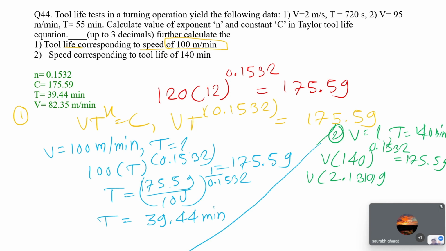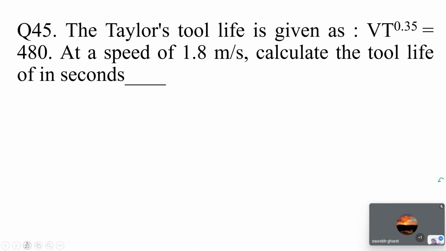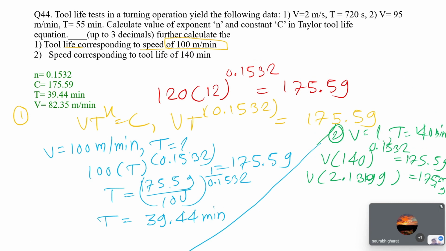Okay, so your V is equal to 82. If you calculate it, divide this, 175 by 2.1, 82.35 will be your answer. What is the unit? It is meter per minute. Don't forget it. Okay, this will be your answer.